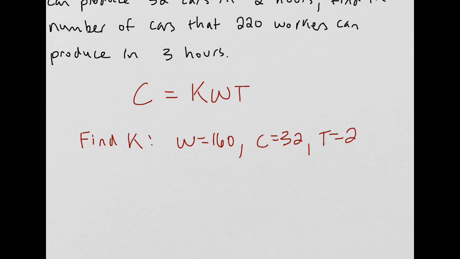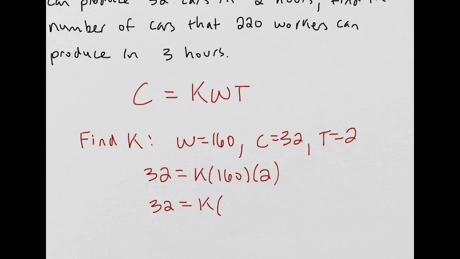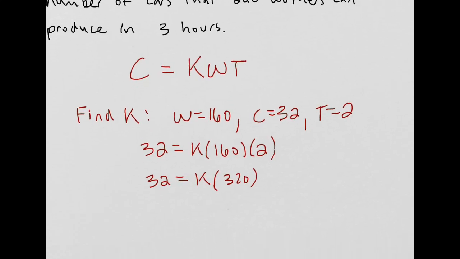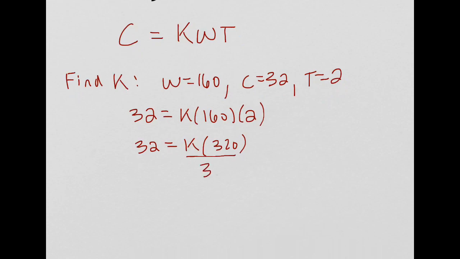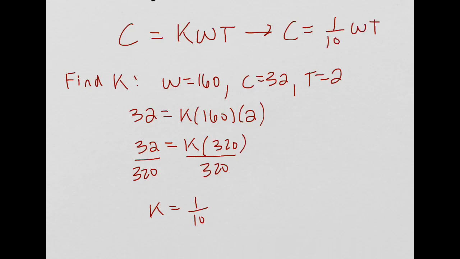So if we plug those in, we get 32 equals K times 160 times 2. Now our job is to solve for K, so we get K, 160 times 2 is 320. So if we divide both sides by 320, I think we get K equals 1/10, or 0.1, which means our formula, if we go back to this step, is just going to be C equals 1/10 times W times T.